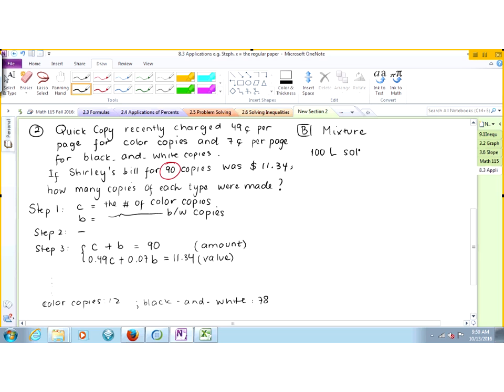So we have a 100-liter solution of alcohol, rubbing alcohol. And then it says that this is 93%. Okay. So what does it mean? That you have a 100-liter solution of rubbing alcohol and it's 93%.